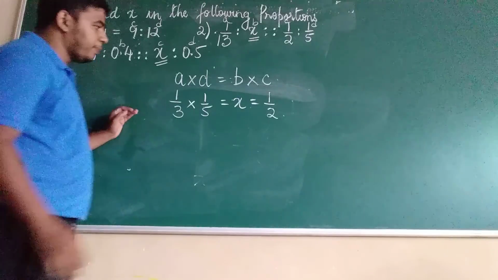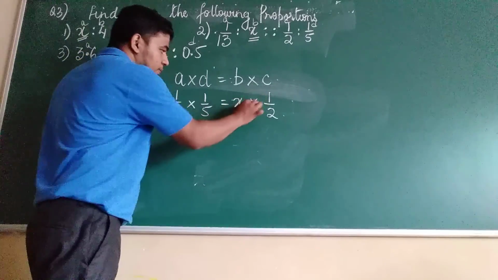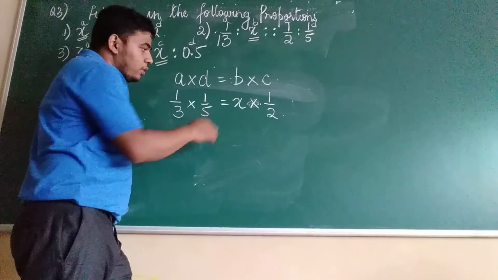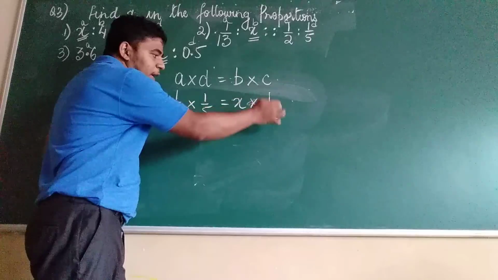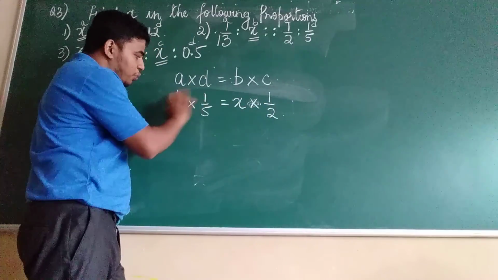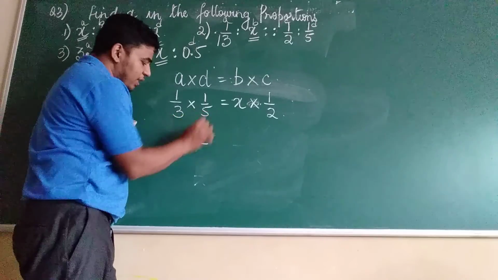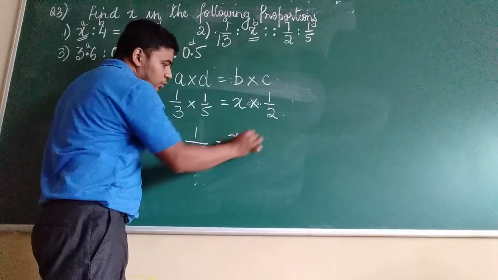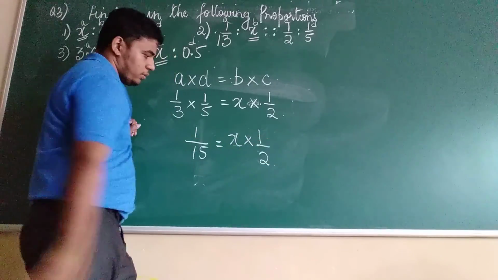Okay. Now what will happen? Sorry, this is multiplication. Now keep your x here, bring this on the other side. So 1 is multiplied, 2 is divided here. Or what we can do? We will solve this. 1 ones are 1, 3 fives are 15 is equal to x into 1 upon 2.